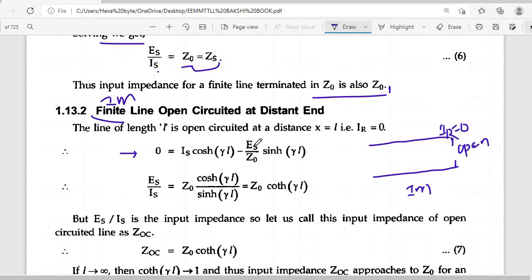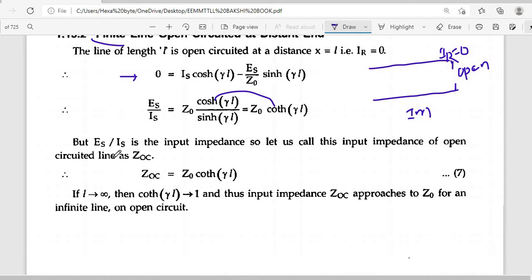IS cosh γL minus ES by Z0 sinh γL. Then ES by IS equals, after simplification, Z0 cosh γL by sinh γL. So Z0 cos by sin means cot, the function of coth. But ES by IS is the input impedance. So let us call this the input impedance of an open circuited line ZOC, which is Z0 coth γL.